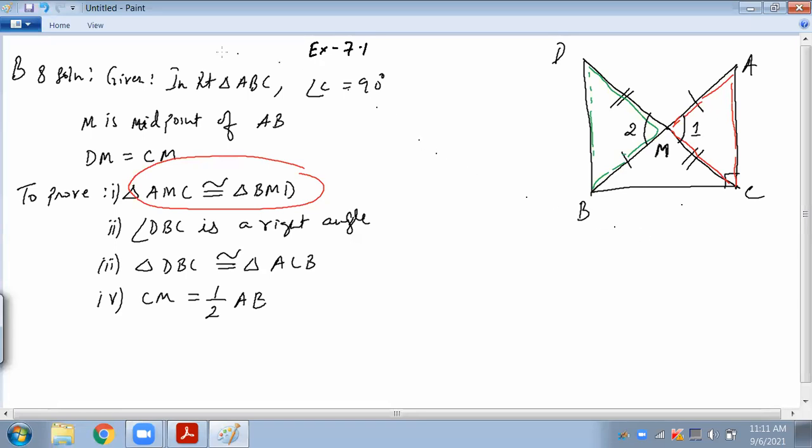Okay, draw the figure, write the given, and once you're done, you can raise your hand, because I need to rub the figure and we'll move on.